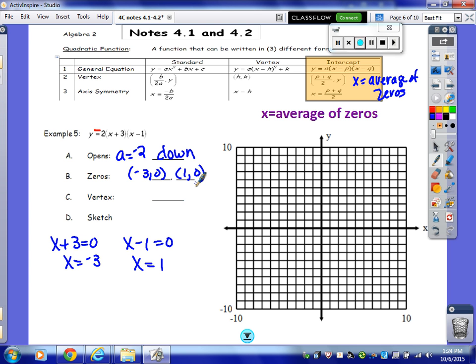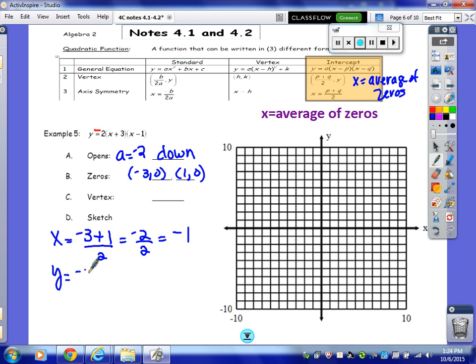All right, let's do that by finding the vertex. So my vertex, we need to average those zeros. So the x value of my vertex is negative 3 plus 1 divided by 2. So negative 2 divided by 2, which is negative 1. To find the y value, we always go back and plug into the original function.